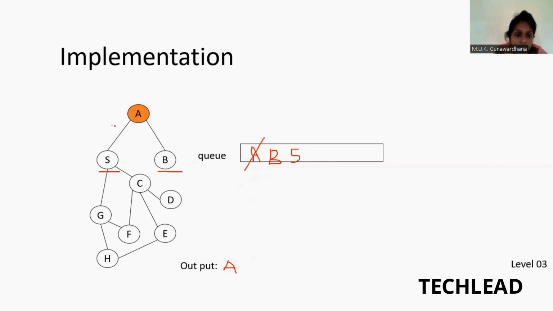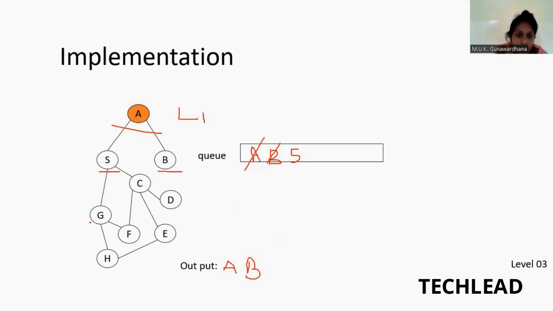Now this is level 1. Now we move to level 2. In level 2, we traverse horizontally. Firstly, we access the node B according to the alphabetical order and check whether there are any adjacent nodes for the node B. We can see that there is no adjacent node to B. Then we pop the B and check the S. Are there any adjacent nodes to the S?